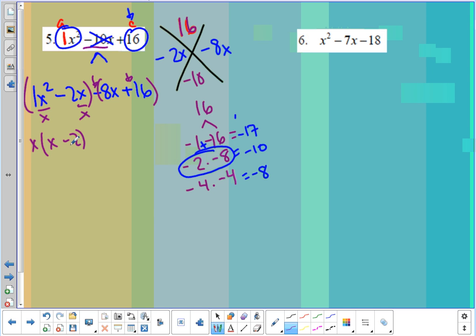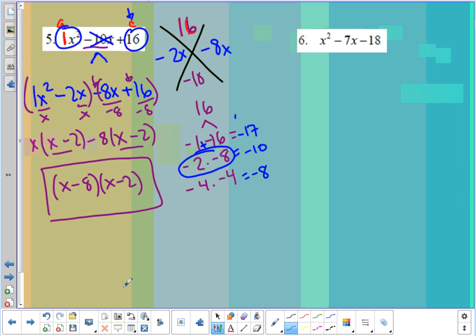I want the first one to be positive and the second one to be negative. So that means I need to take out a negative 8. So I have a negative 8 out front, and that leaves me with positive x and minus 2 behind. So positive x minus 2, positive x minus 2. I know I've done it right. That's x minus 8 and x minus 2.